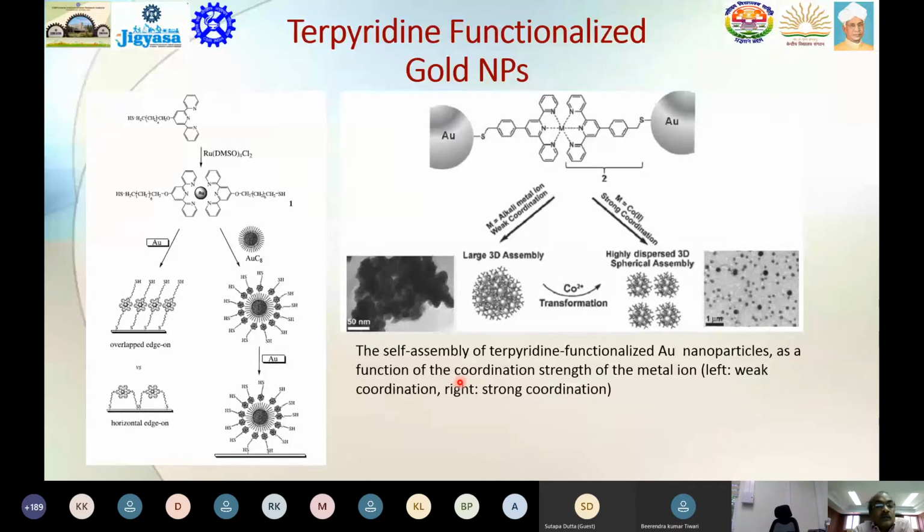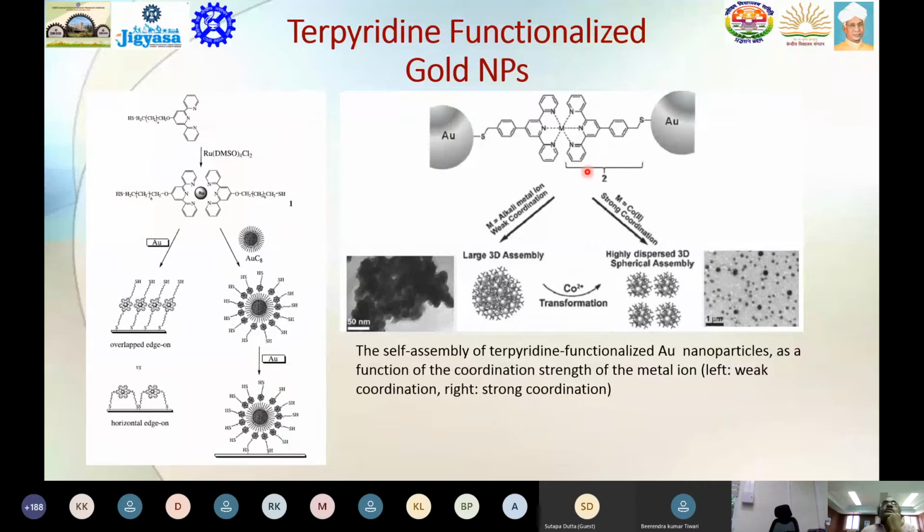You can have the working platform functionalized with this kind of nanomaterial, and you can have self-assembly of nanomaterial on top of the working electrode and make them useful for either a diabetic sensor, gas sensor, or sensing of water pollutants. Those kinds of gadgets you can make by self-assembly of these structures.